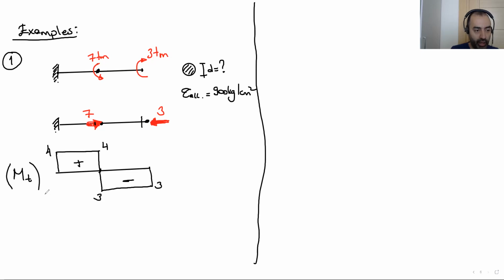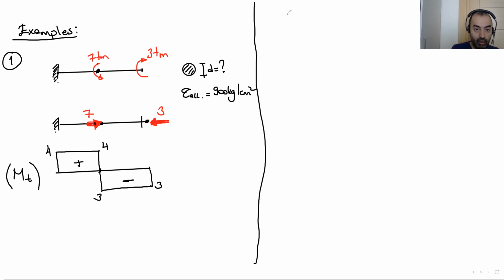Locally we have 7-ton meter torsional moment, but on the diagram we have a maximum of 4-ton meter. So we have to consider the 4-ton meter.